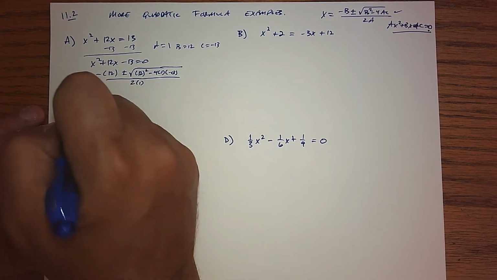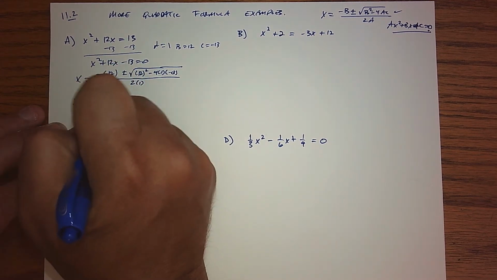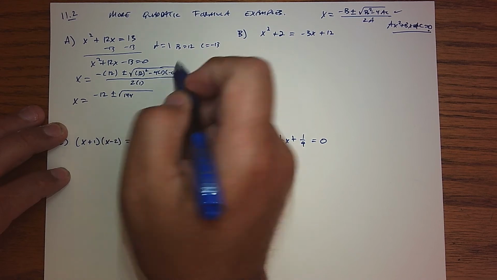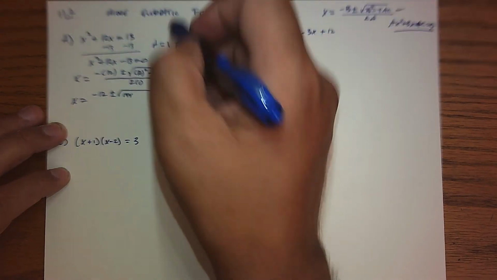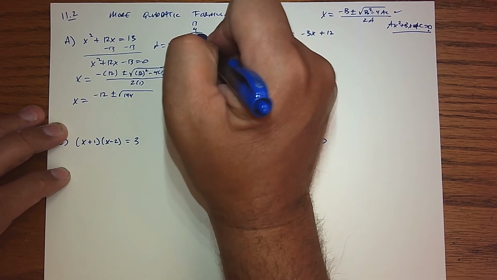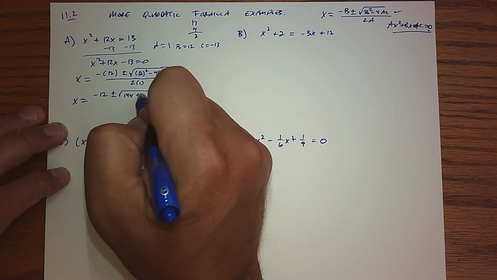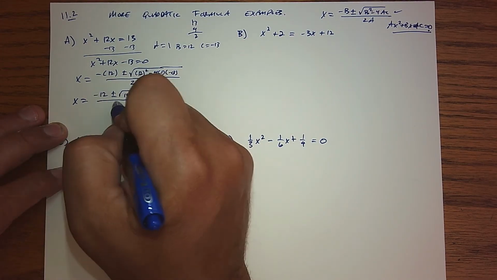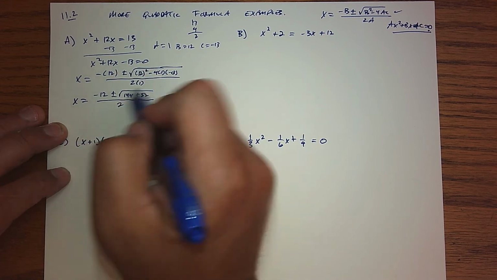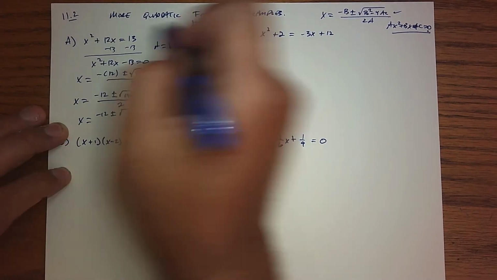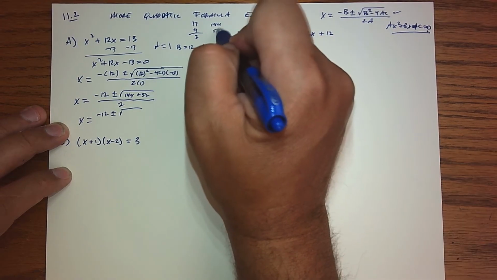And there you have it. So we get x equals negative 12 plus or minus the square root of 12 squared, which is 144, and 13 times 4, let me do some scratch work there, times 1 is 52. We have a couple of negatives, so that would be plus 52, all over 2. If we continue, this is negative 12 plus or minus the square root of 144 plus 52.